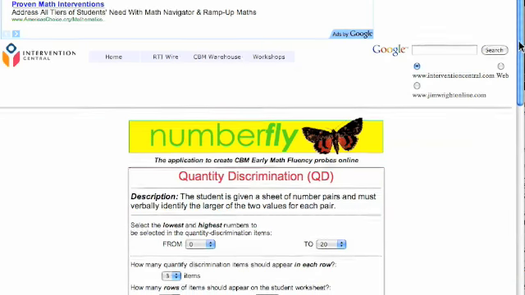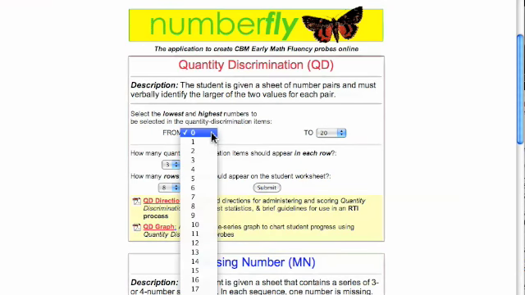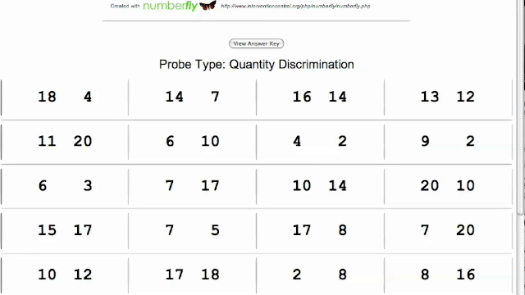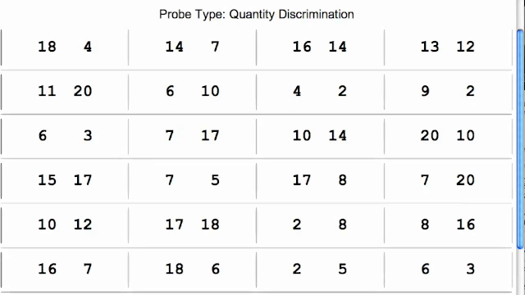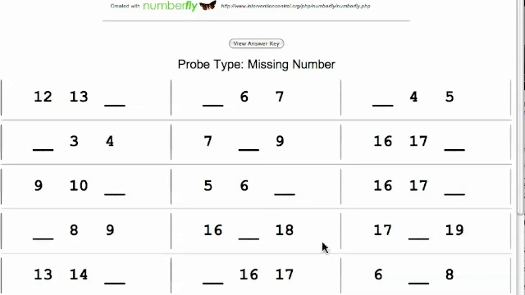And you can see here this is not particularly hard: the highest and lowest numbers, the number in each row, and here we get a pretty simple thing. So for math, these are just not very hard to generate. Here's the missing number. There we go, a missing number probe.